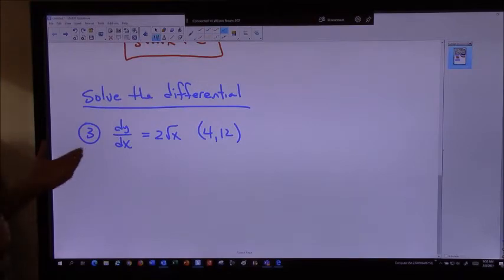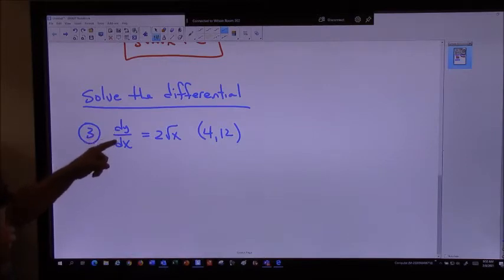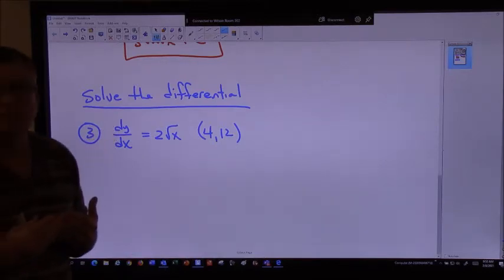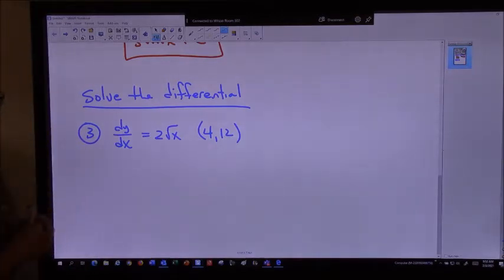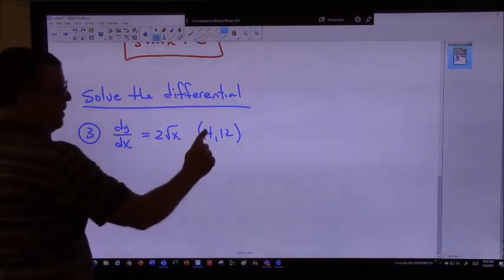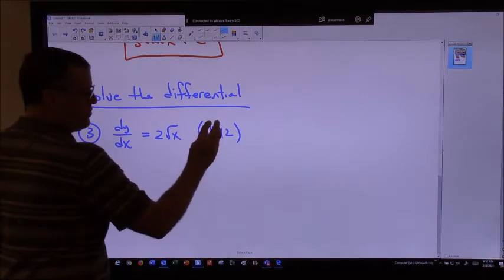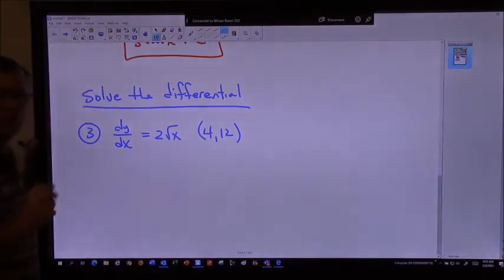All right, so one of the things they're going to ask us to do today is to solve a differential. Okay? And so really this looks like maybe a derivative that we would have gotten through implicit differentiation. Or maybe they're just writing their derivative that way. This right here is considered a solution point to that differential.